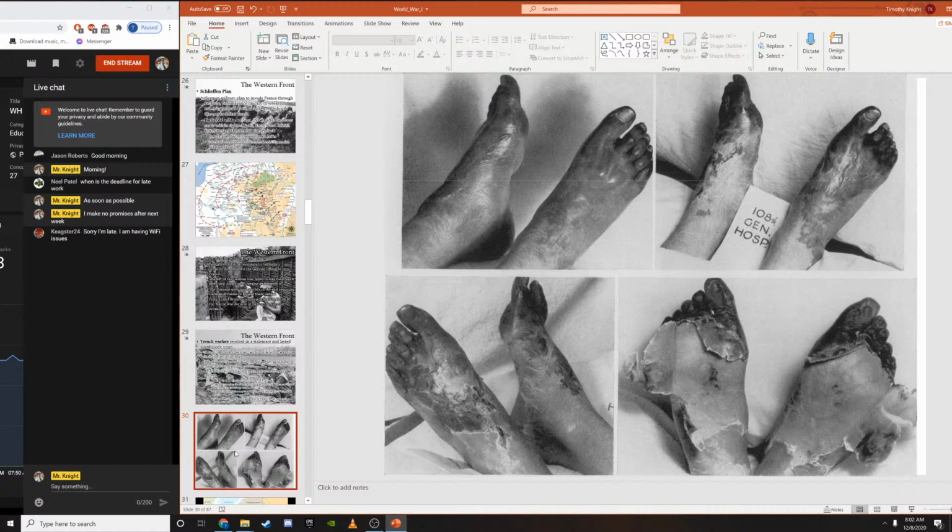You're walking around in mud, and your shoes and socks soak completely through, and it can give you something called trench foot, which is basically a long-lasting infection of the foot where your skin starts to peel off and become necrotic and die.